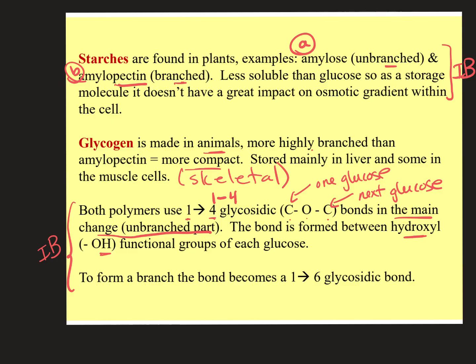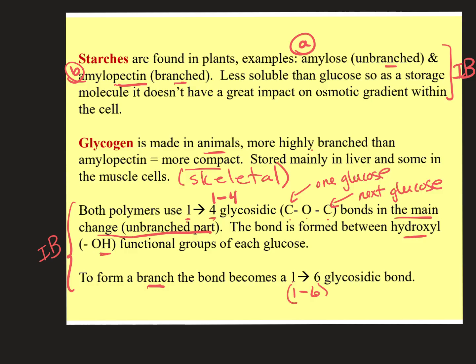So it's always between carbon number 1 of one monomer and carbon number 4 of the next monomer, right? Now, to make a branch, it changes bonds. And again, this has to do with spatial geometry of molecules, which we're not going to get into. And this is a 1,6 glycosidic bond. So it is between carbon number 1 and carbon number 6 there.